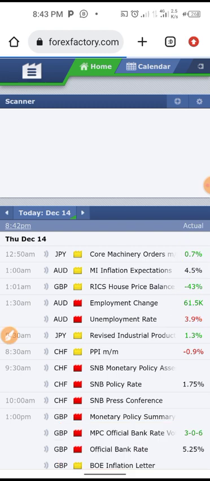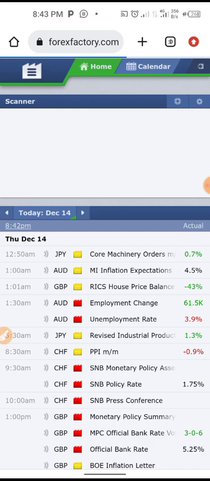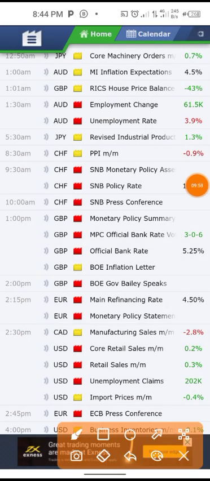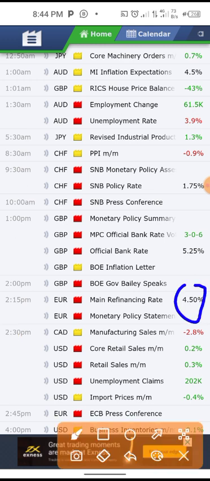Now, when we tap on it, we're going to see something. Let's tap on it. Okay, it's loading. Let's allow it to load. Okay, it has loaded. These ones you see in black mean the figures are the same as the previous, so the market is likely to be stable.